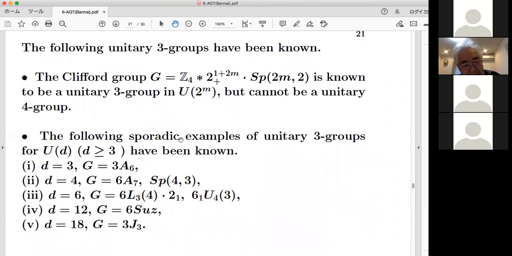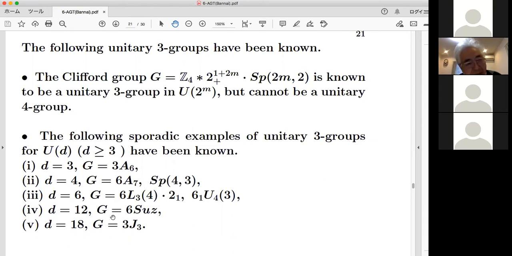And the following sporadic examples of unitary 3 groups for U(D) have also been known. There are some sporadic examples that come from very interesting groups. These are central extensions of, for example, 6 Suzuki, the Suzuki sporadic simple group, central extension by a cyclic group of order 6, and for these particular dimensions.